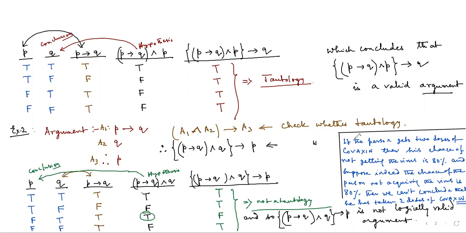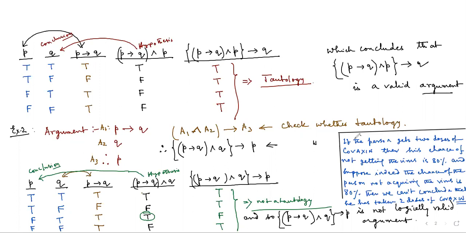This virus cannot affect the person. And we have seen such kind of situations in many Hollywood movies like World War Z and I Am Legend. There is a person, 1 in a billion, who is immune to the system. So if the person gets 2 doses of Covaxin, then his chance of not getting the virus is 80%.